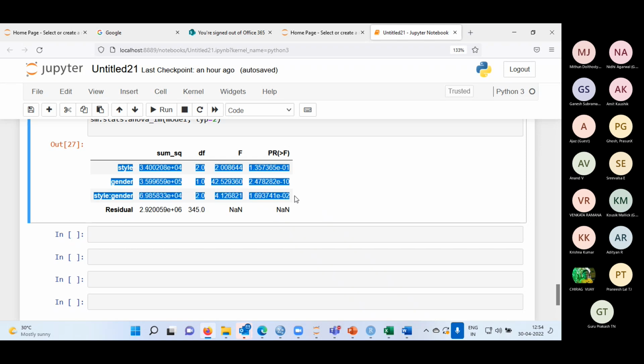But if you include all the three combinations, then you're using a full factor model whose formula is different, and therefore the results will also be different.